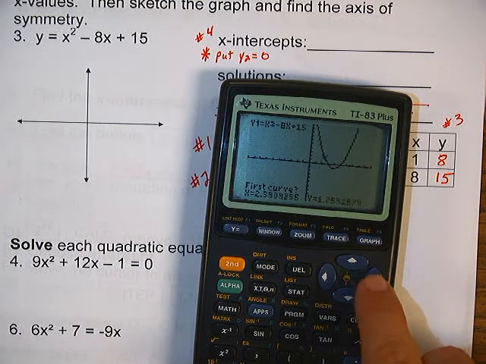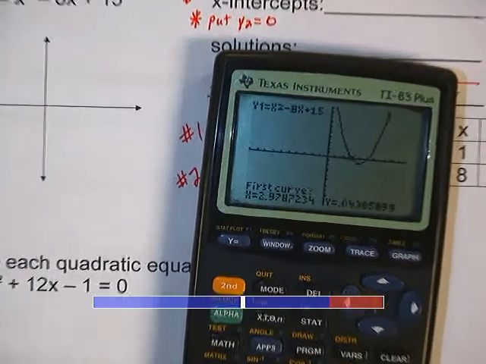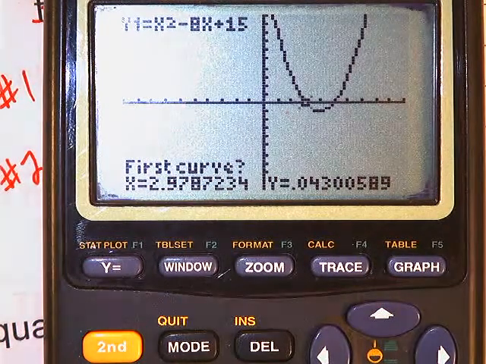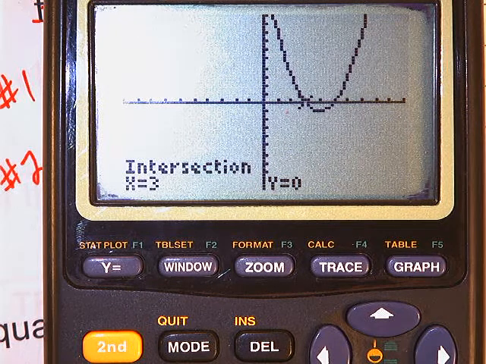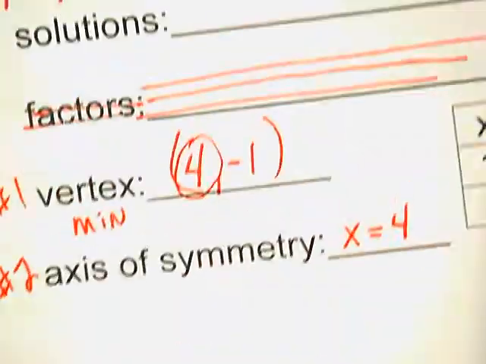Move the cursor to one of the intersections or close to it. Hit enter 3 times. 1, 2, 3. The first intersection is at 3, 0.